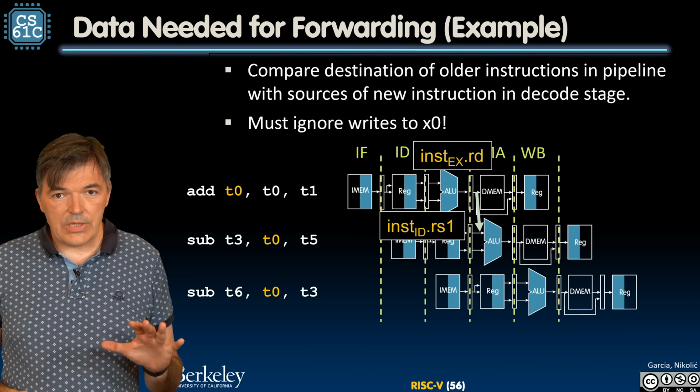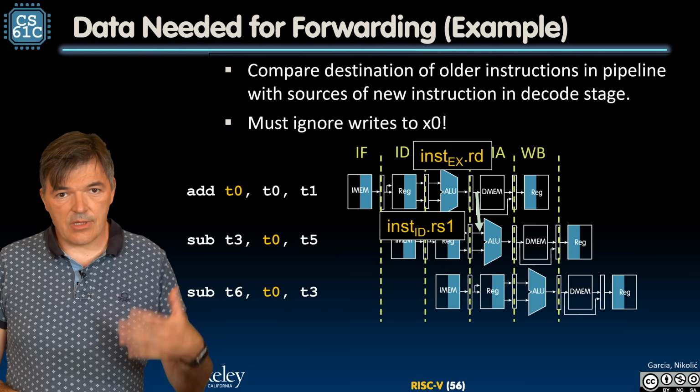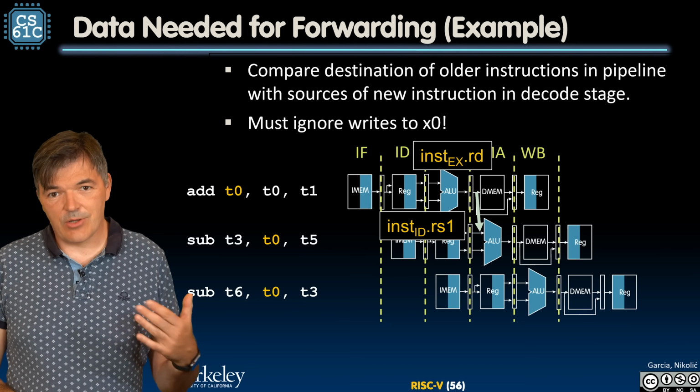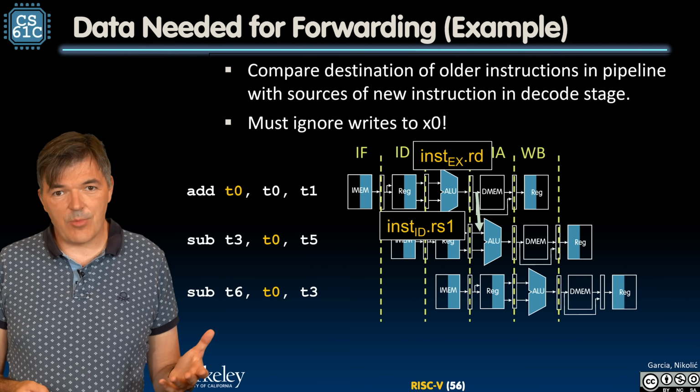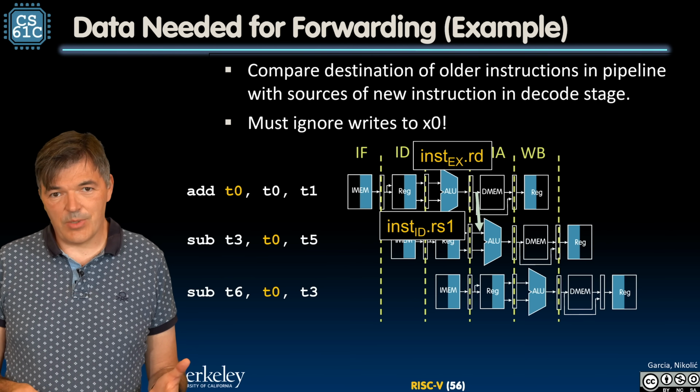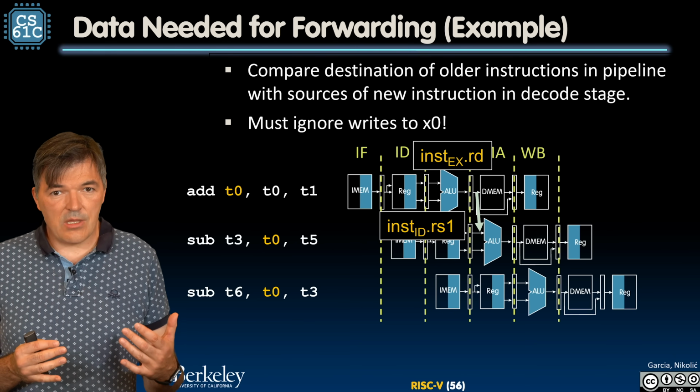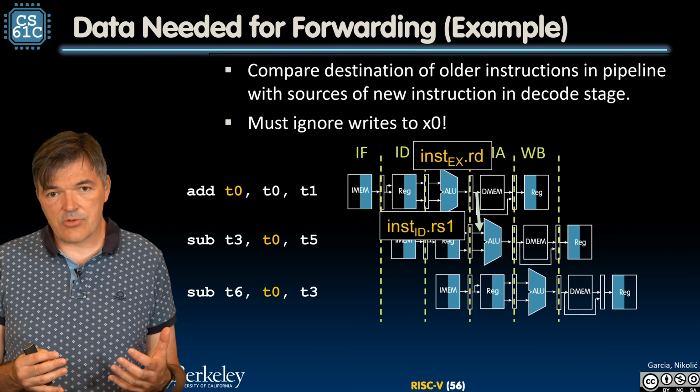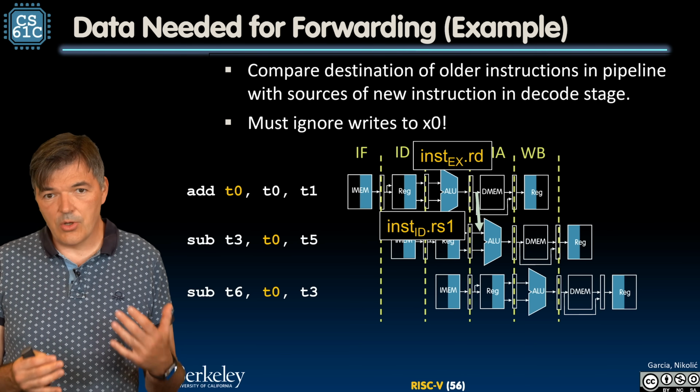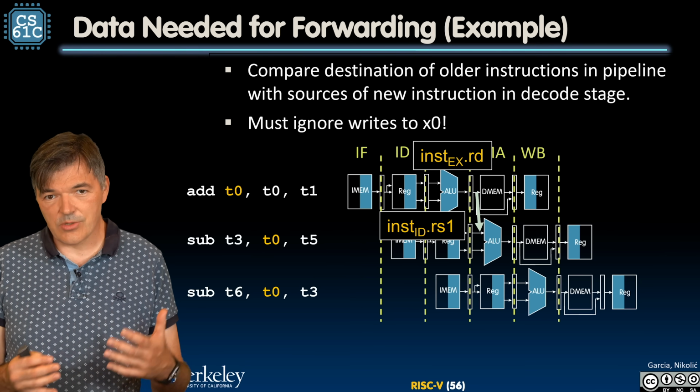Now, what do we need to control this forwarding? There will be a multiplexer, and we need to somehow control that multiplexer. So what kind of information do we have that is going to help us with that? Remember, our data path saves the instructions that are currently in flight. So we'll know which registers are being accessed by the two consecutive instructions.